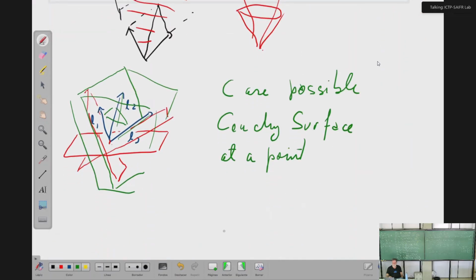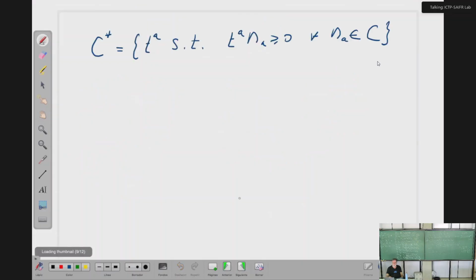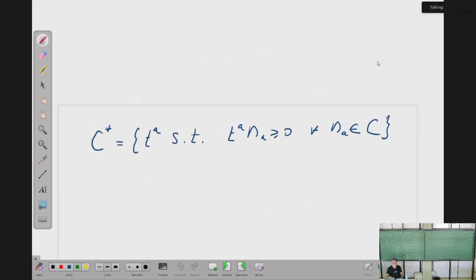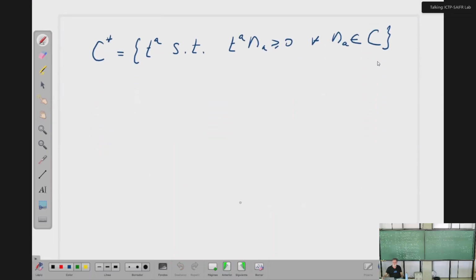So these are the cones. And then you have the cocones that are the C stars. These are vectors now, the others were covectors.